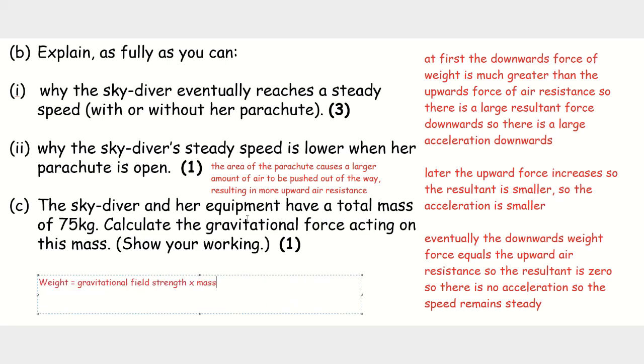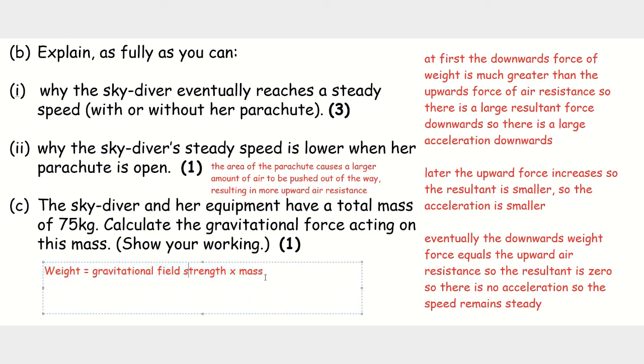Now we're being asked for the gravitational force, which is the same as the weight. So you know that the gravitational field strength approximates at 10, and you've been given the mass in the question, so we've got 10 multiplied by 75, which equals 750 newtons.